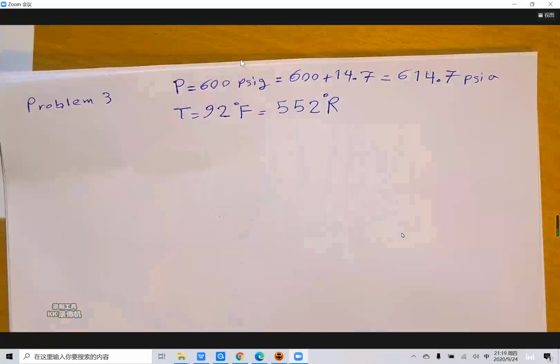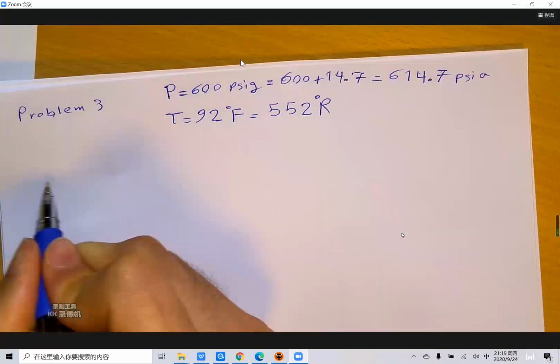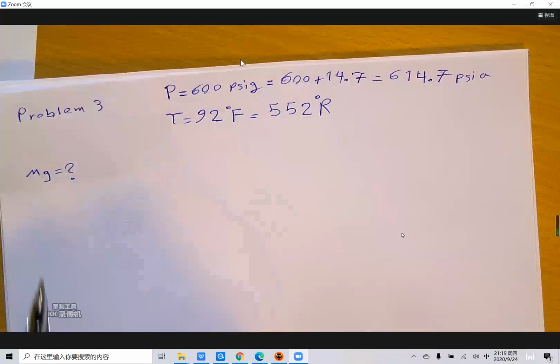So first we need to find the molecular weight of the gas, and then the specific gravity of the gas.